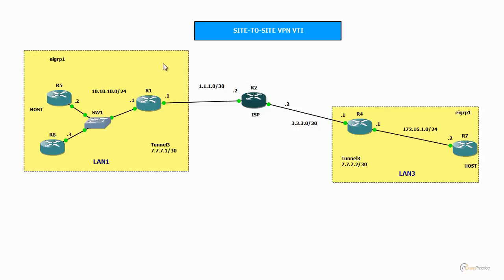The site-to-site VPN will be created between router 1 and router 4. Our public IP address here is 1.1.1.10 and over here is 3.3.3.30. Private networks 172.16 and 10.10.10.0. Let's start, and this is our host, right?